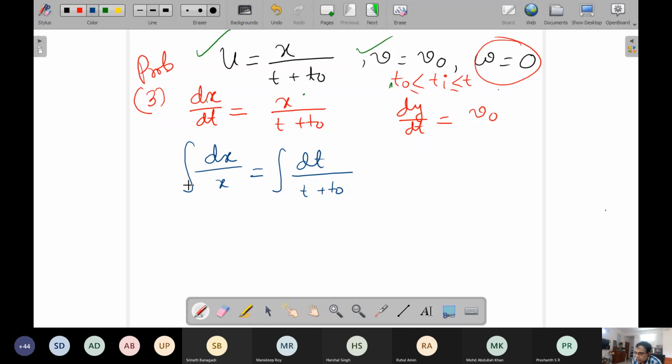So what you are actually finding is the locus of a particle, but not one particle, rather whatever particles passed through that x0, y0. So when did the particle pass through x0, y0? In the path line problem, it was a specific particle, so it passed at a specific time.